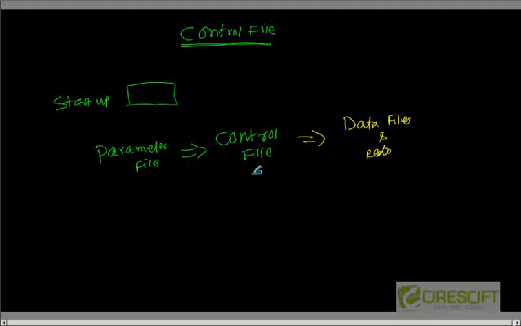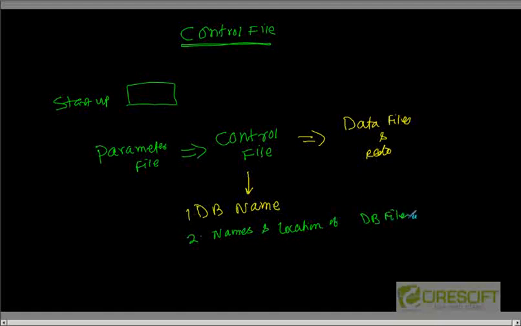The control file is going to contain a couple of things. The first is the database name. The second thing is the names and locations of db files and redo files.